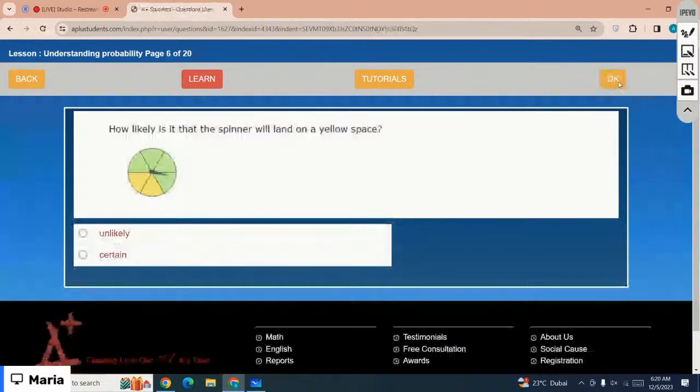How likely is the spinner to land on yellow space? Unlikely or certain? Which is the correct option?